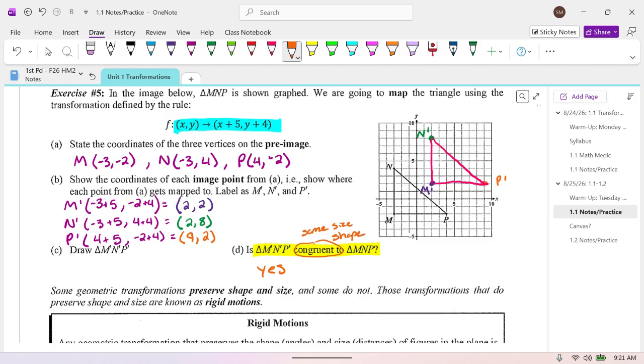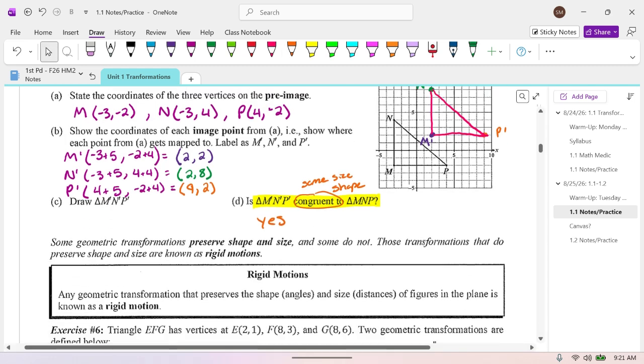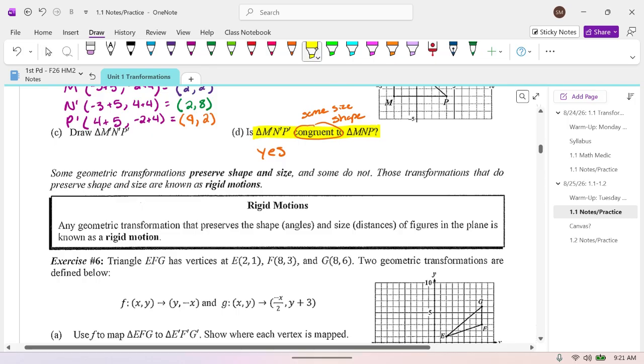So basically, if you're adding or subtracting to your x and y values, it's going to be a translation, which we'll talk about in 1.2 in more depth. But what this type of transformation is actually called, if it preserves the size and the shape, is a rigid motion.